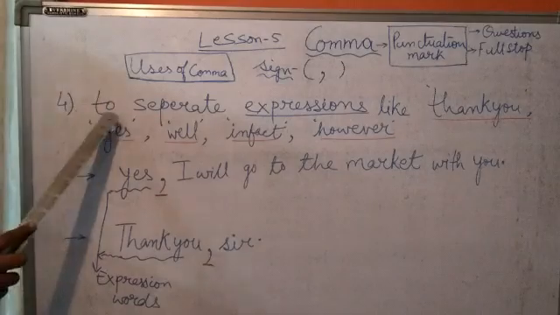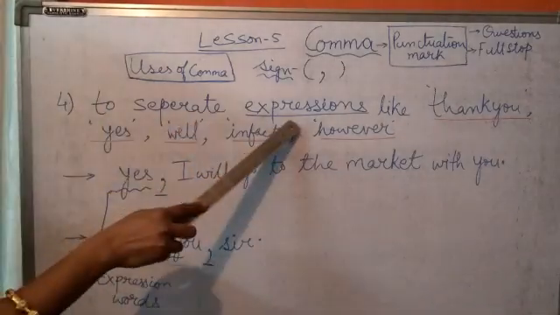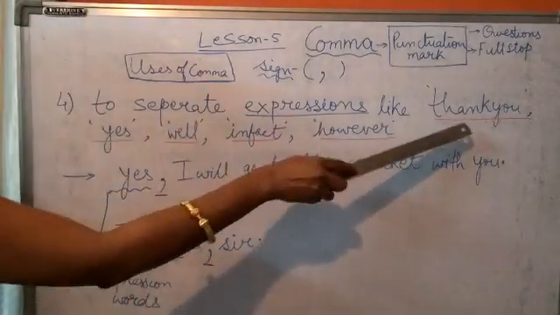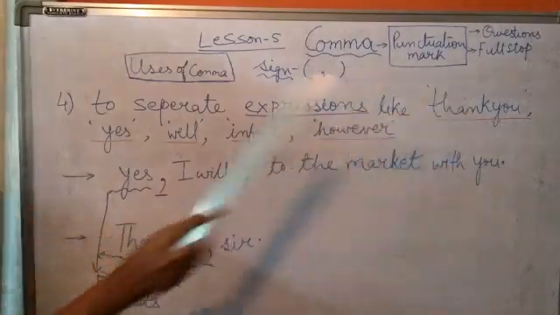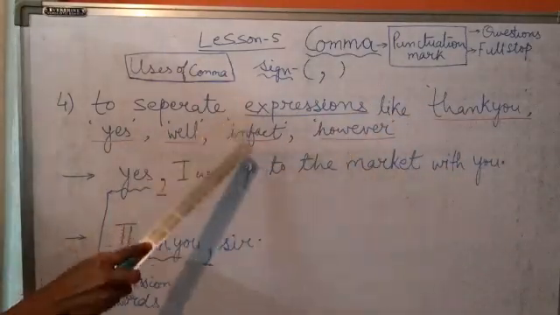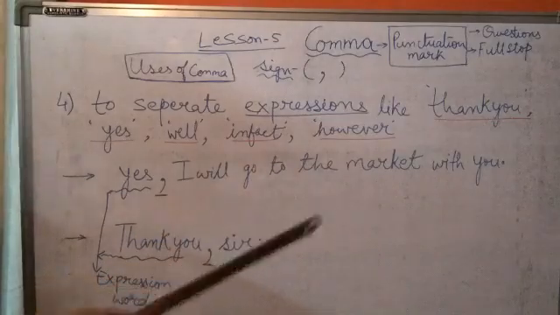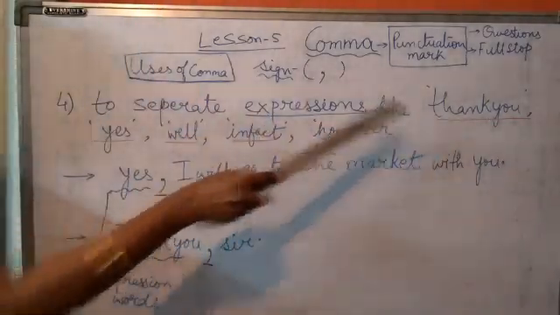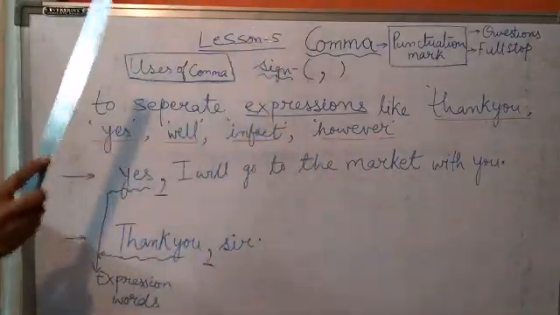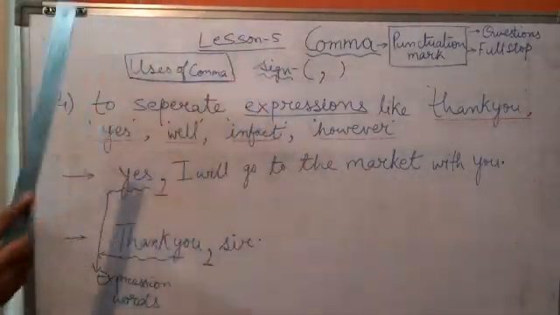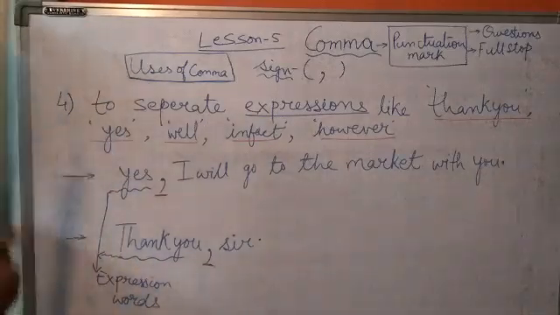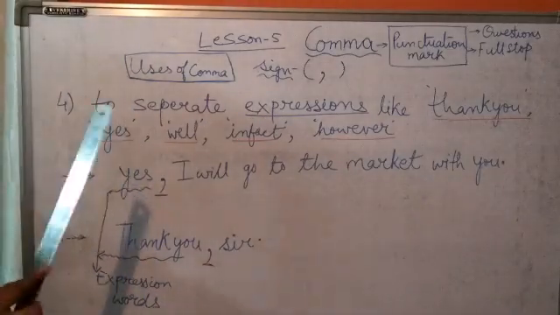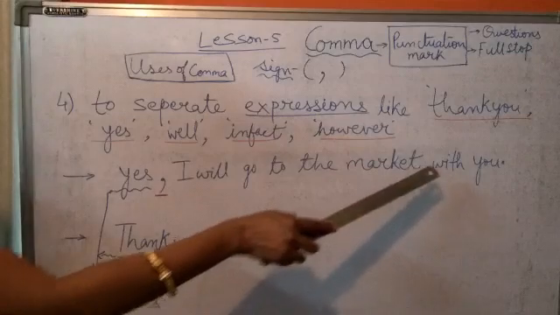Point 4. To separate expressions like words, for example, thank you, yes, well, in fact, however, etc. Now students, whenever we use expression words like this, we have to separate those expressions by using comma. For example, see, yes, I will go to the market with you.